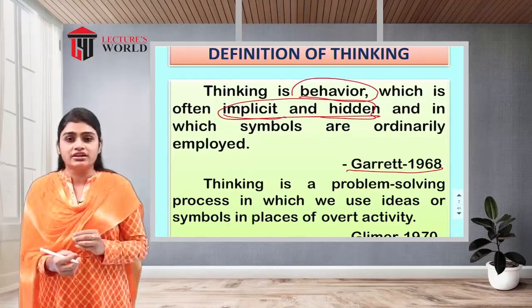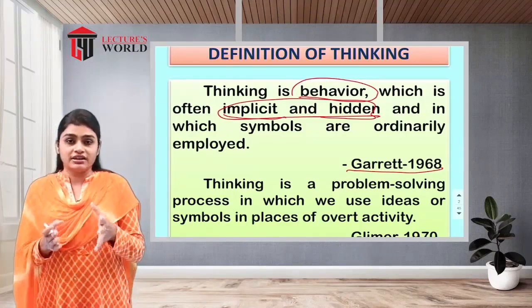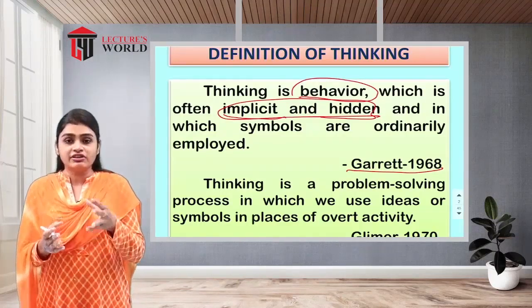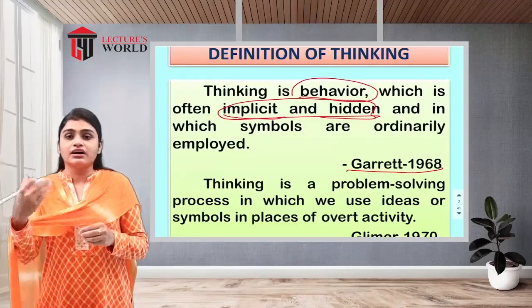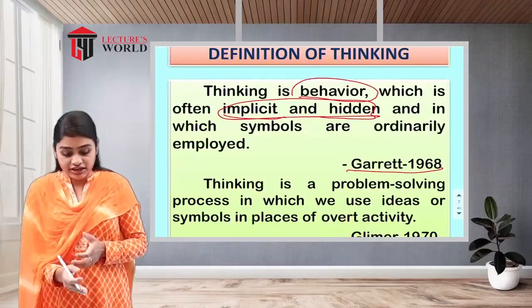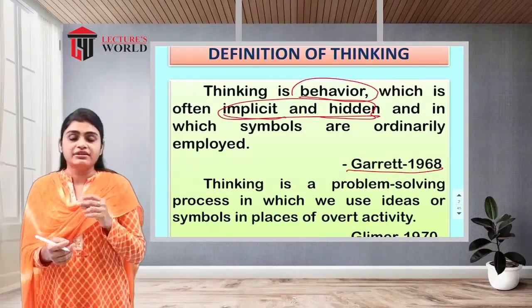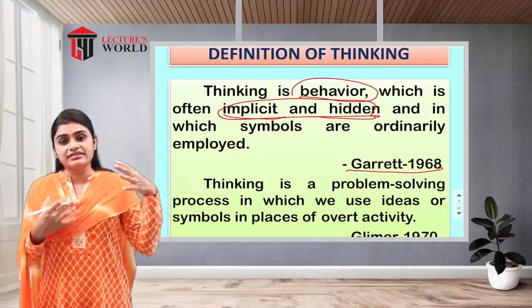Thinking is ultimately a behavior, but it is a type of behavior which we do not exhibit externally. That's why it is called implicit and hidden, it is hidden inside our brain.